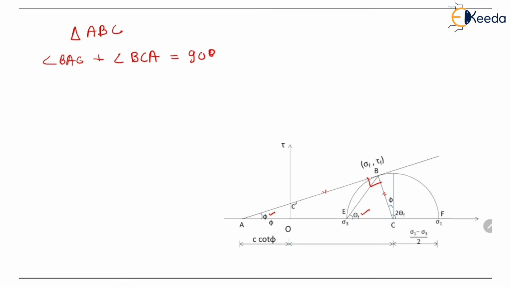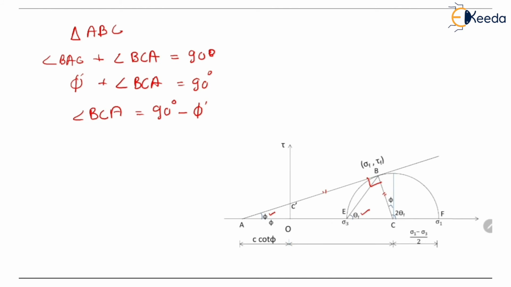So angle BAC is phi dash plus angle BCA equal to 90 degree. So angle BCA will be 90 degree minus phi dash.